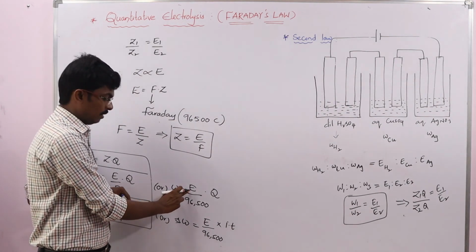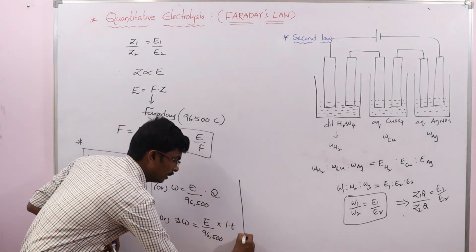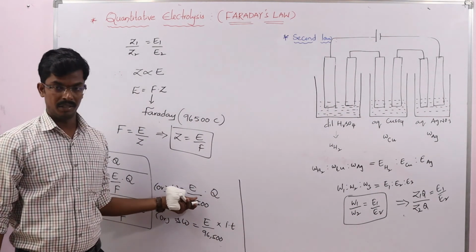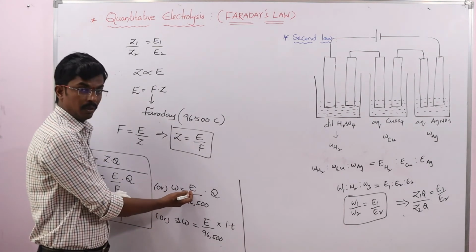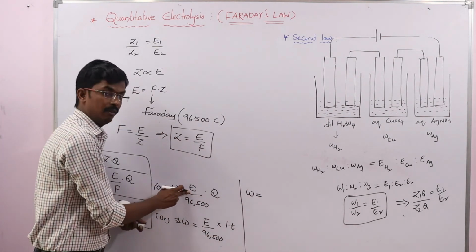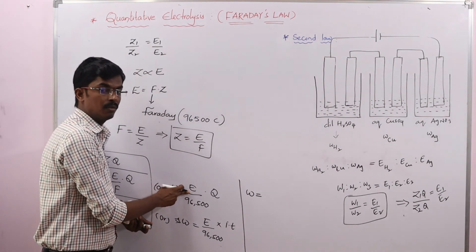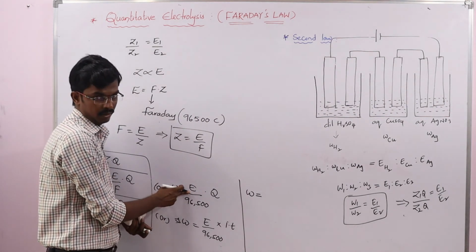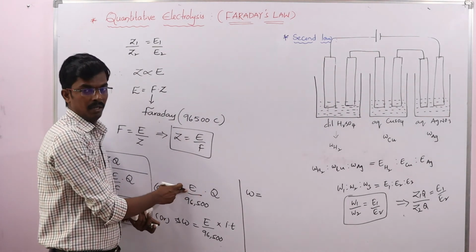When you are writing with molecular weight or atomic weight, it is also possible to represent it that way. So what is the equivalent weight? Equivalent weight equals molecular weight by n factor, or atomic weight by n factor.